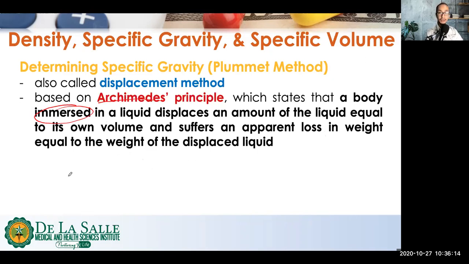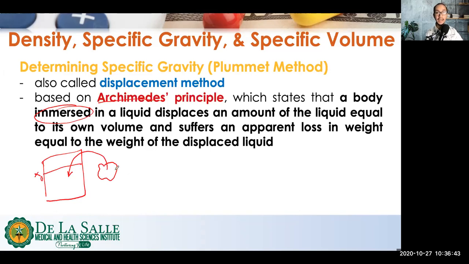So what does that mean? Suppose we have here a liquid. Now, let's say that you have an object with an irregular shape. You can determine the volume of this irregularly shaped material by putting it in a bath of a liquid with a known volume. Let's call this x naught.